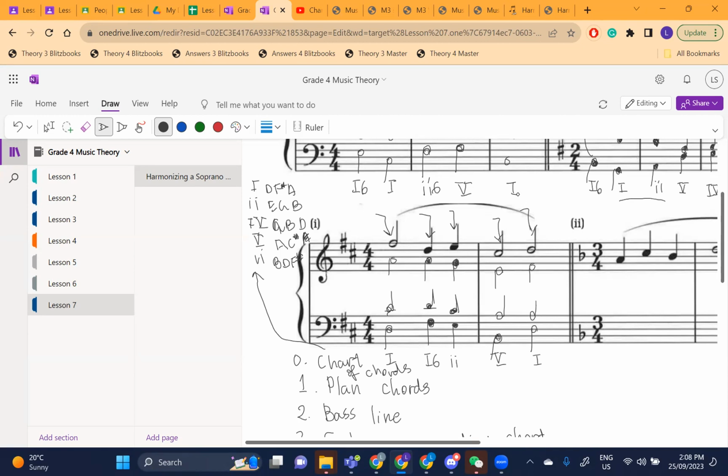So when you're doing voice exchange from root position to first inversion, start from the root position chord, because you should have all the notes in the root position chord. You don't necessarily need all the notes in the first inversion chord. I mean, you do need all the notes, but you can choose which note you want to double. With a root position chord, you don't necessarily have that kind of freedom.